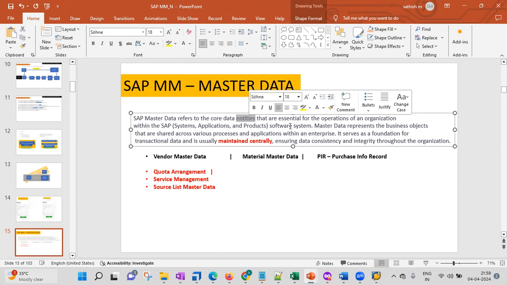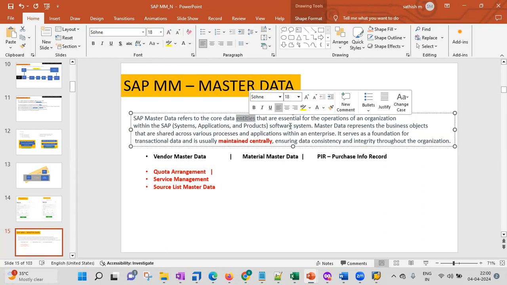that are essential for operating an organization. For an organization to do some operations, a few things are essential. The data is essential. Essential means required.